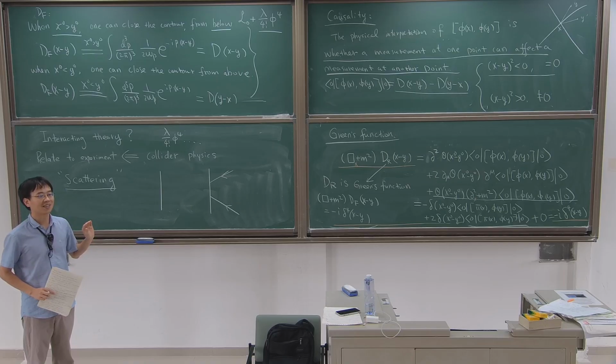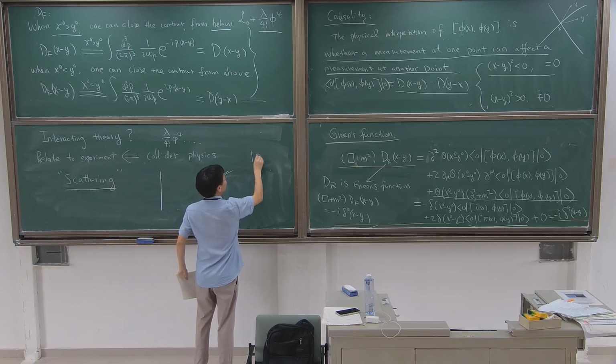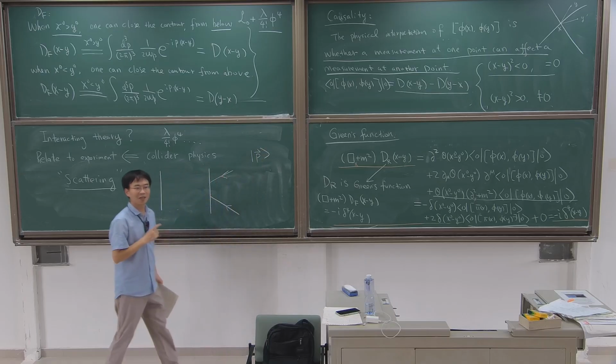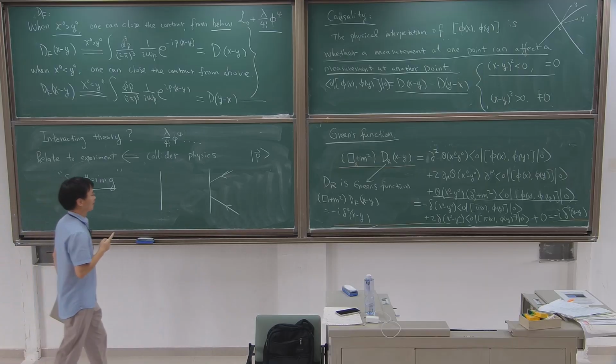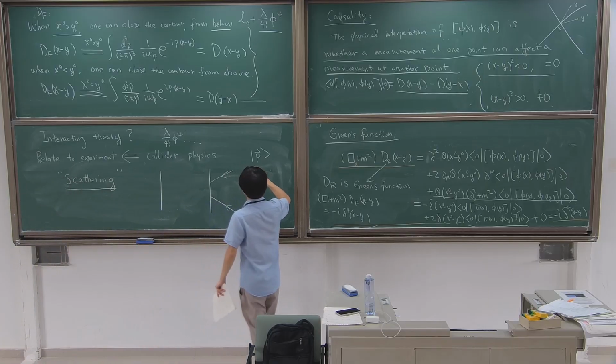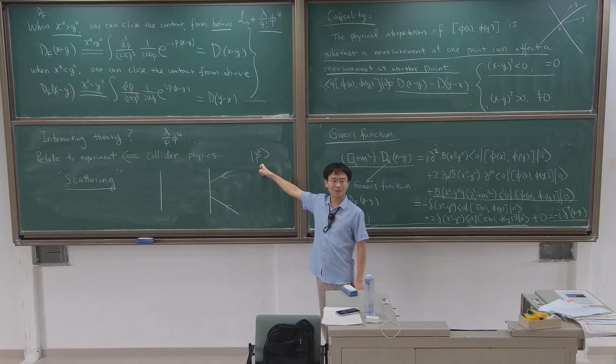So we can have some state like this, right? You're getting familiar with that from last week. Now we make use of that. We prepare some initial state precisely as such a state, a momentum eigenstate.